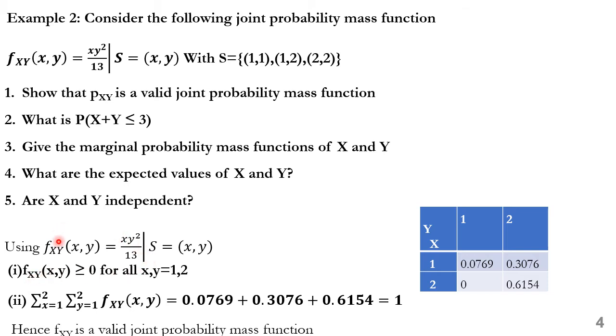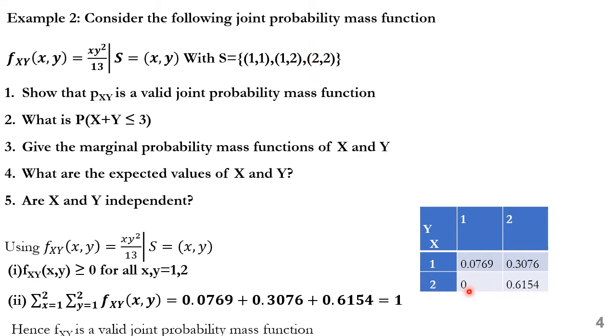So given fxy of x y, the joint probability mass function, x y squared divided by 13. Now we'll form the table for the joint probability function for x value taking 1 and 2, y value taking 1 and 2. We know that here it is not defined for x value 2 and y value 1, that is this.